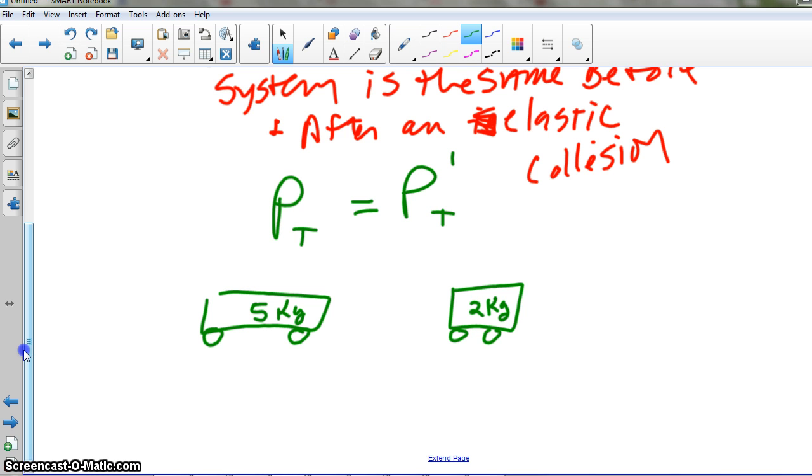Let's consider that in our before picture, this 2 kilogram cart is motionless with respect to the Earth. And let's say that this cart has an initial velocity of 5 meters per second in the direction of the other cart.